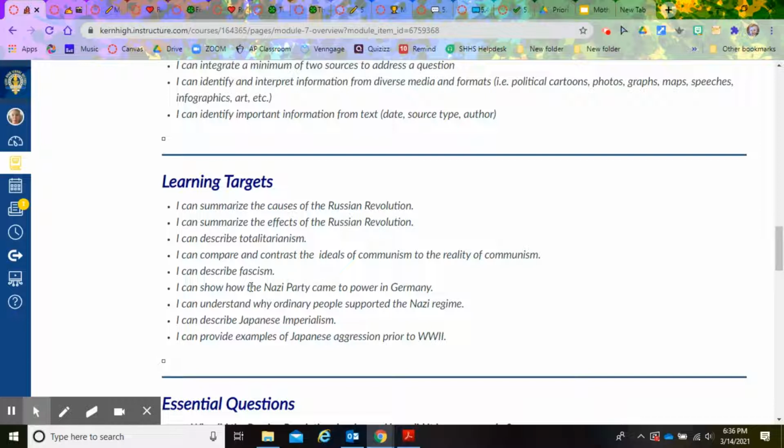You're going to be able to describe fascism. You're going to show how the Nazi Party came to power in Germany. You will understand why ordinary people supported the Nazi regime. You're going to be able to describe Japanese imperialism and provide examples of Japanese aggression before World War II.